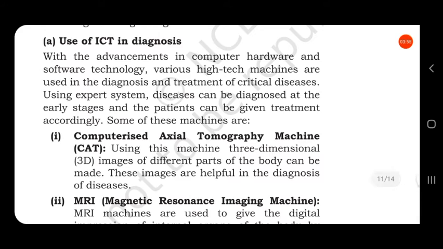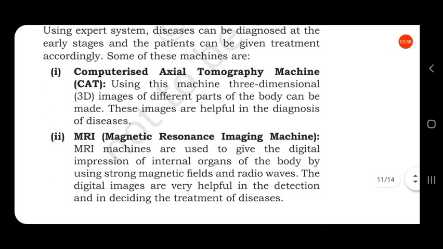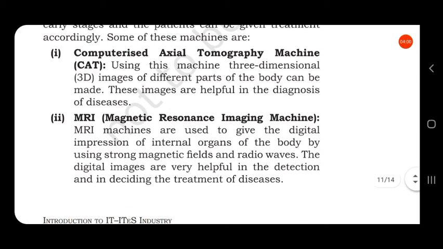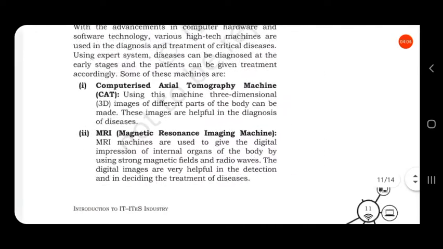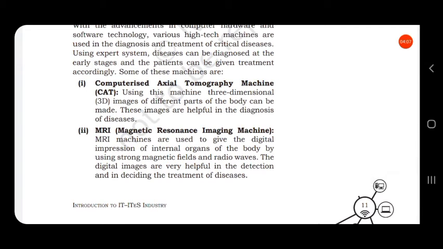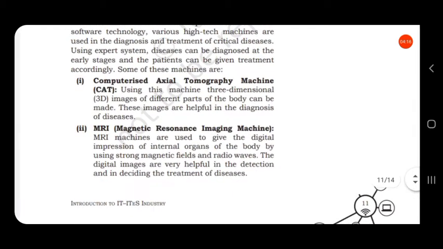Some machines which can be used for diagnosis purposes are the computerized axial tomography machine, or CAT. Using this machine, three-dimensional images of different parts of the body can be made. These images are helpful in the diagnosis of diseases.